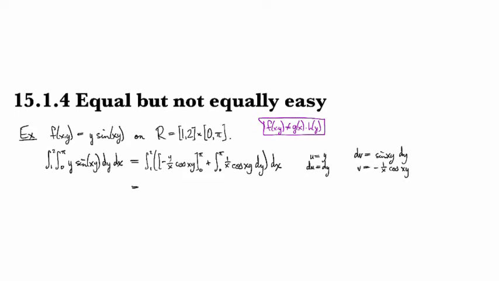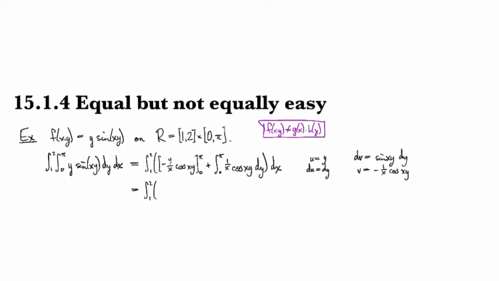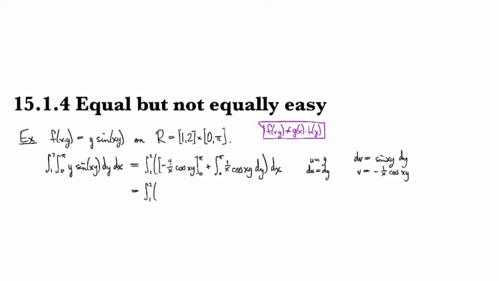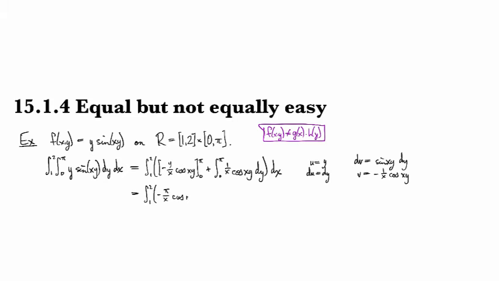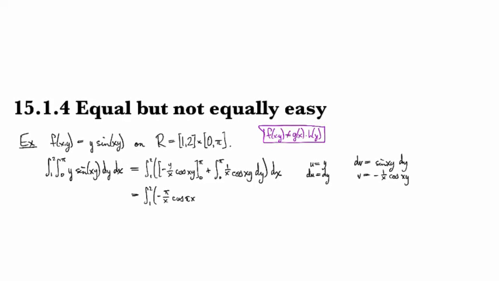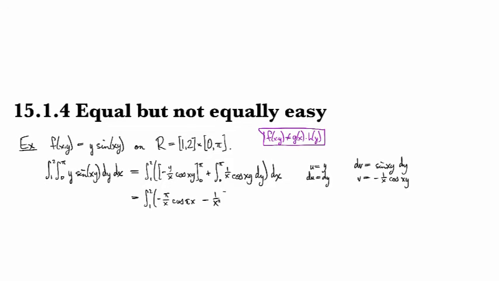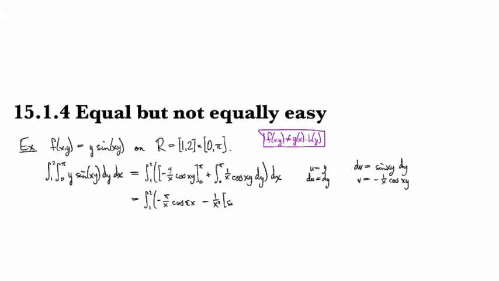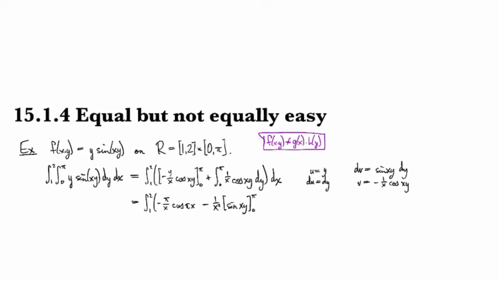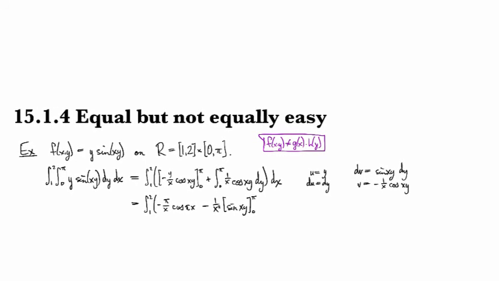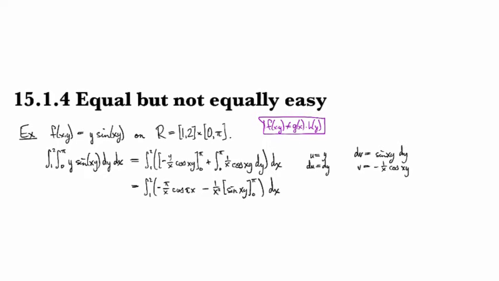Okay, so that's the integral from 1 to 2 of, and let's evaluate this from 0 to pi. We get minus pi over x cosine pi x, minus 1 over x squared sine of xy evaluated from 0 to pi, dx.